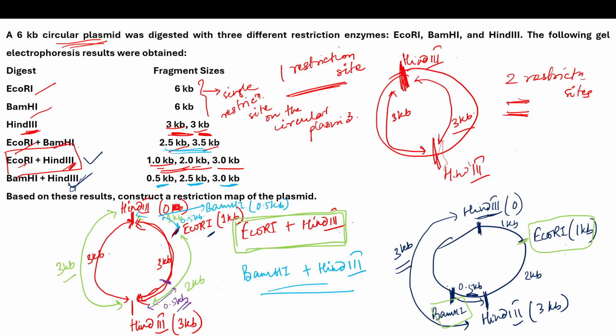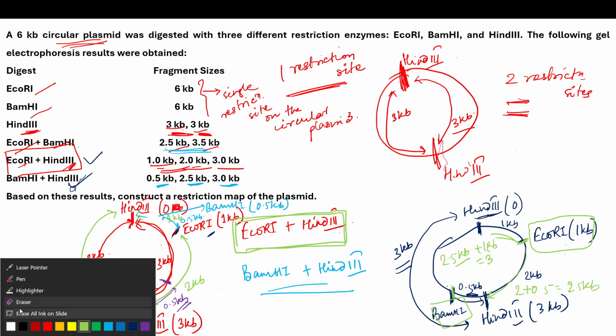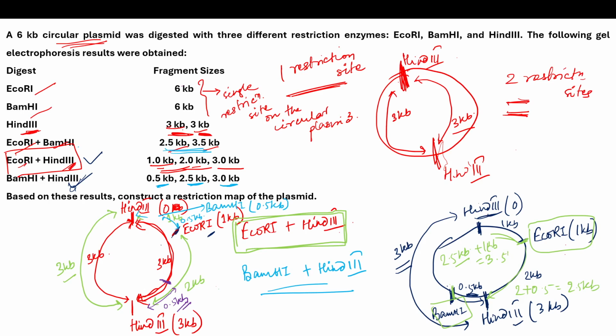If EcoR1 is cutting at this position and BamH1 at this position, overall you have 2 plus this stretch: 2 plus 0.5 is equal to a 2.5 kb fragment, and 1 kb here, and 3 minus 0.5, this is again 2.5 kb. 2.5 kb plus 1 kb is equal to 3.5 kb fragment here, which satisfies the double digestion condition of 2.5 kb and 3.5 kb fragments.